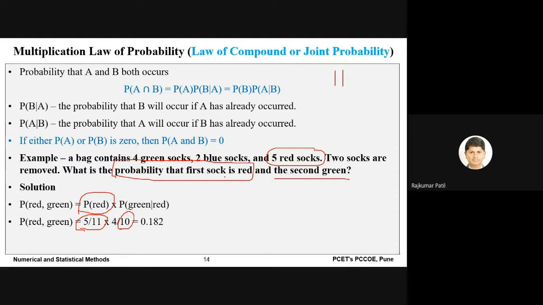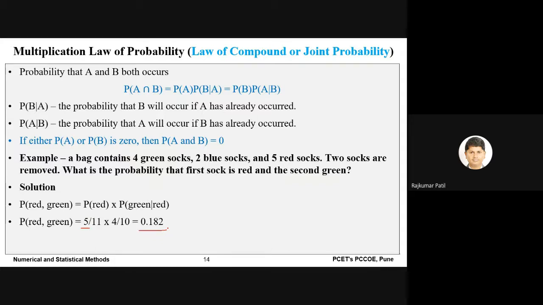There are 4 socks having a green color, and therefore you take 4 by 10. How will you call it? As the probability of getting a green sock given that the first sock is of red color. This is how you call it.